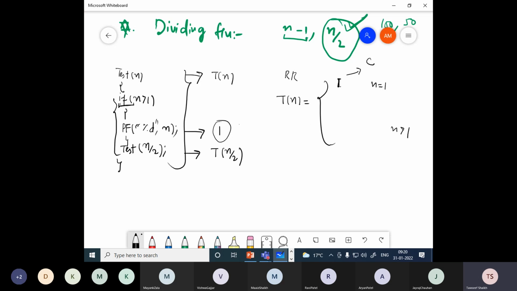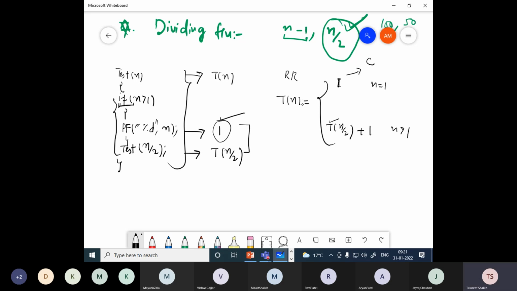So inside the if, we know there are two main statements. One is the recursive call to the function, another is the print statement, that's 1. So this becomes a recursive call of dividing nature. And to solve a recurrence means to remove this T from its equation.